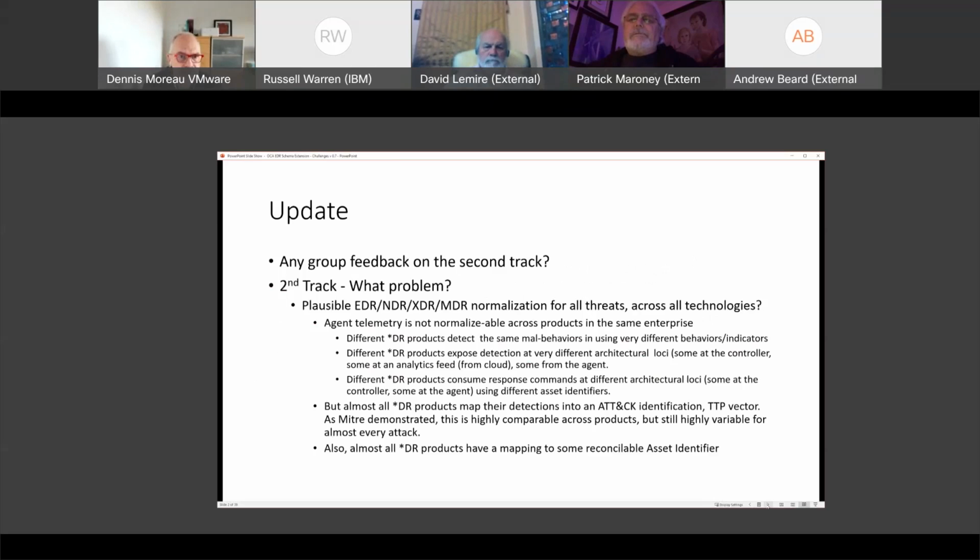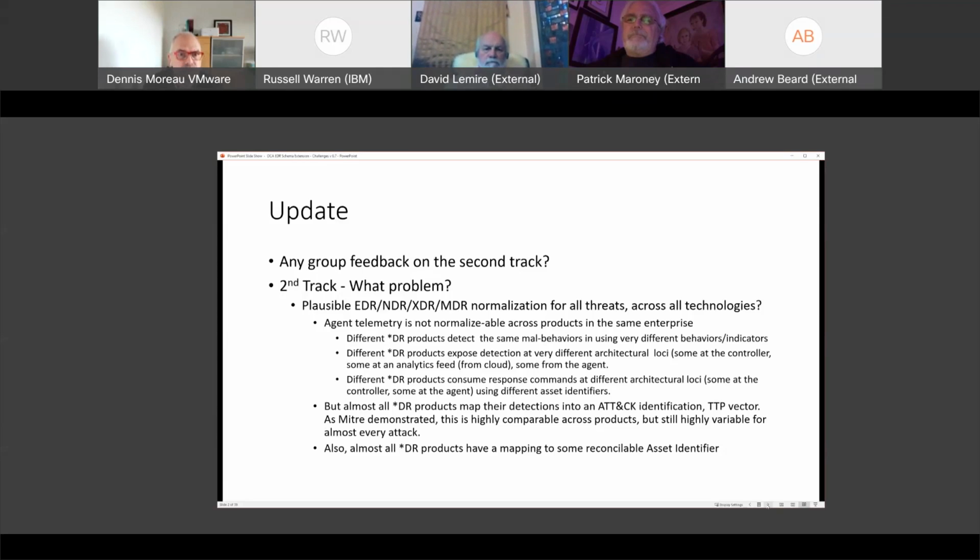The suggestion for the second track is driven by the problem that exists in the mismatch between NDR, EDR, XDR, MDR, all of the Gartner names for detection and response that essentially anchors in TTPs and recognizes attacks, but allows mitigations to some of that footprint.